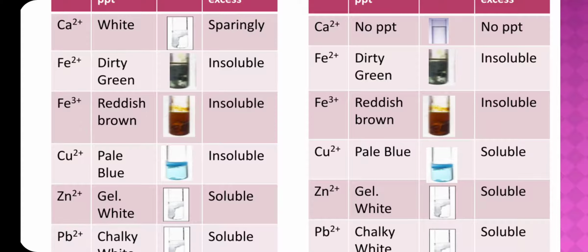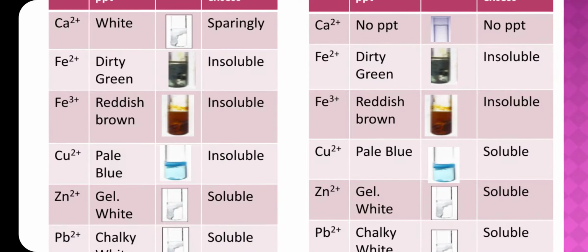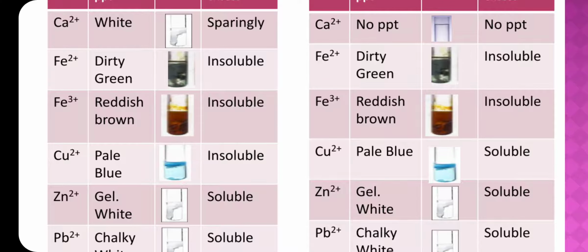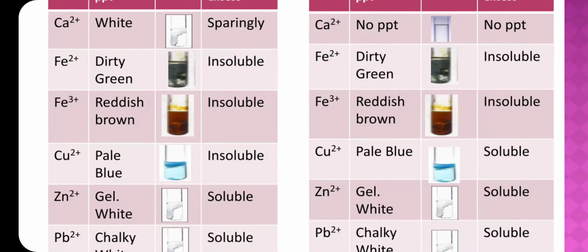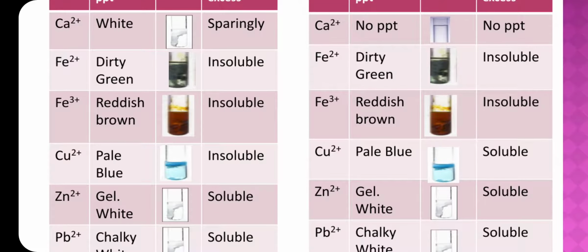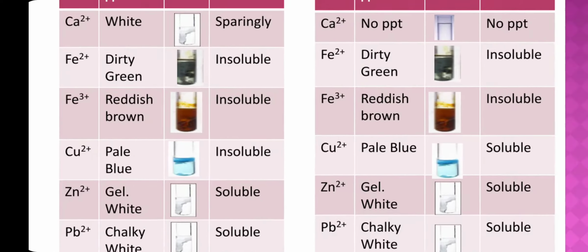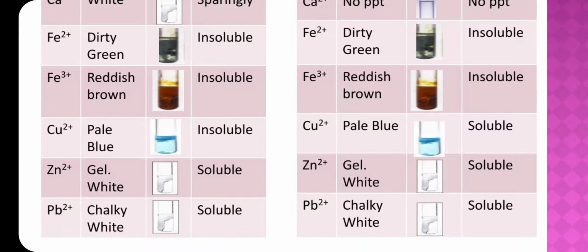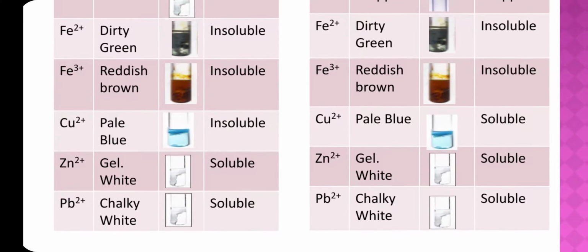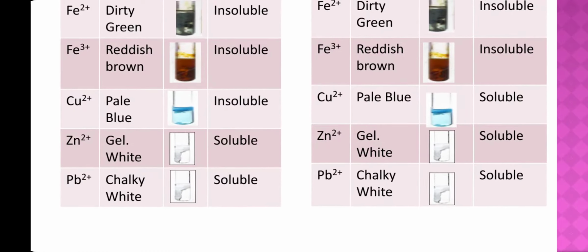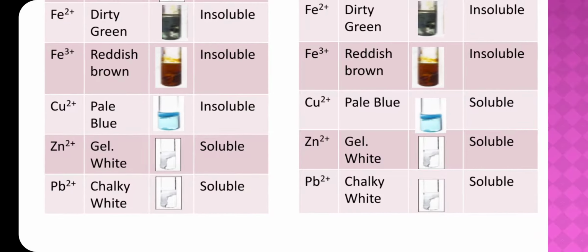Copper salts give us a pale blue precipitate which is insoluble in excess of sodium hydroxide but which is soluble in ammonium hydroxide, where it gives an inky blue solution color. And zinc salts give a gelatinous white precipitate. In both cases it is soluble in excess, whether it is ammonium hydroxide or sodium hydroxide.